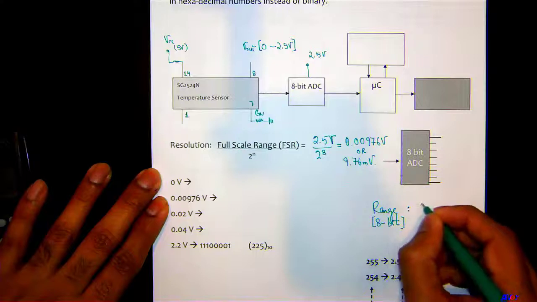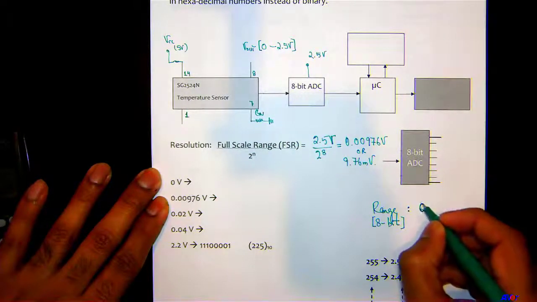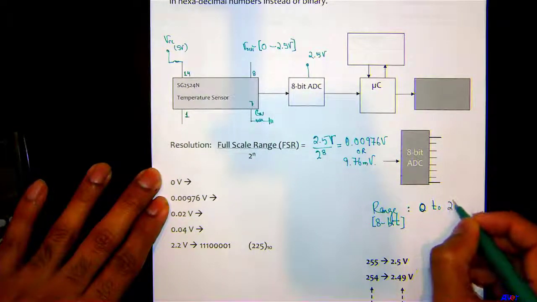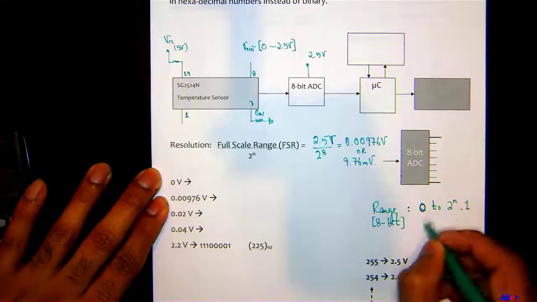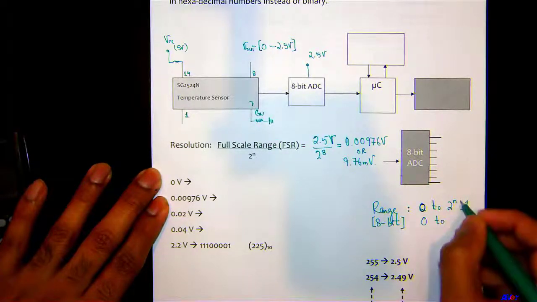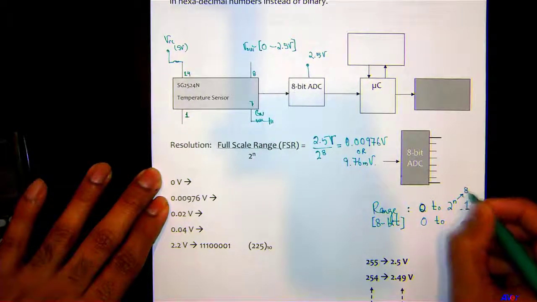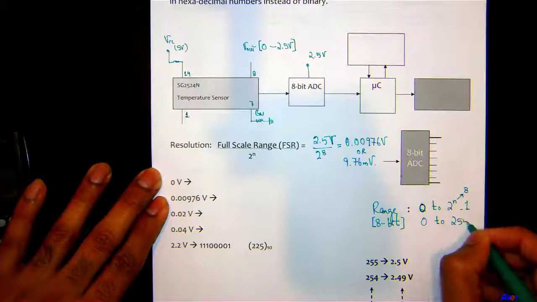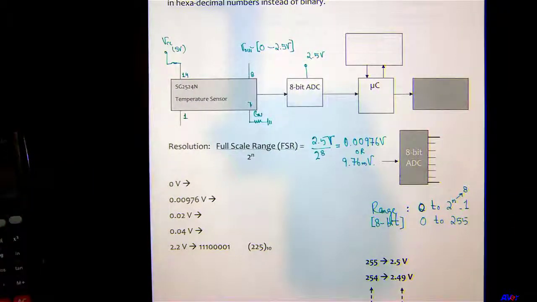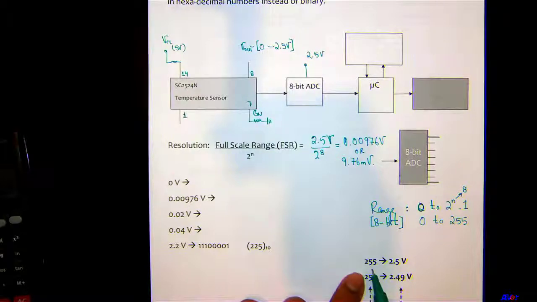It's going to be 0 to 2 to the power n minus 1. So it will go from 0 to, n is 8 in this case, 255.